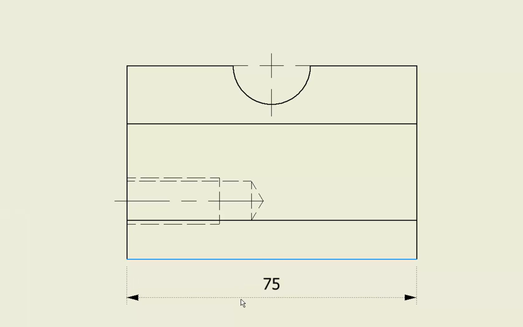In our dimension settings, we've got standard set off values, so you can see here that we get this little magnetic click, so I can just click on that and it'll automatically align the set distance away from the object.